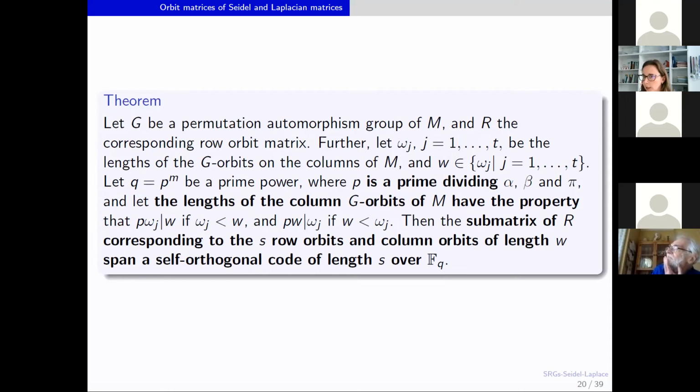We used orbit matrices with respect to the permutation automorphism group when this group acts with orbits of the same length, but also when it produces different lengths of orbits.